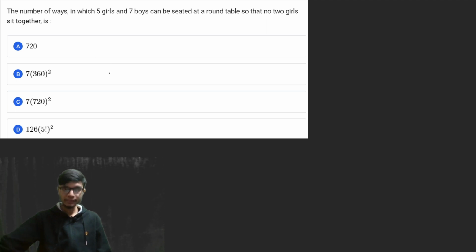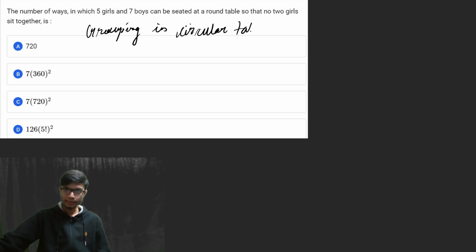All right, so the next problem is again a very important problem. Now this is a problem on grouping in a circular table, that is, a question of circular permutation.